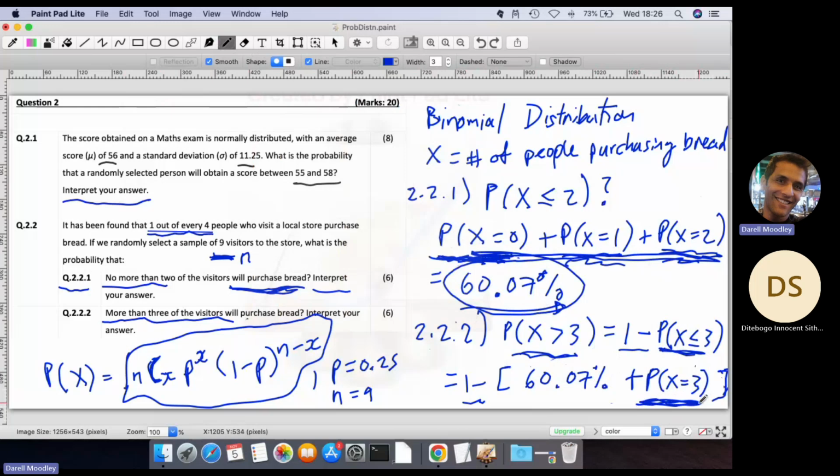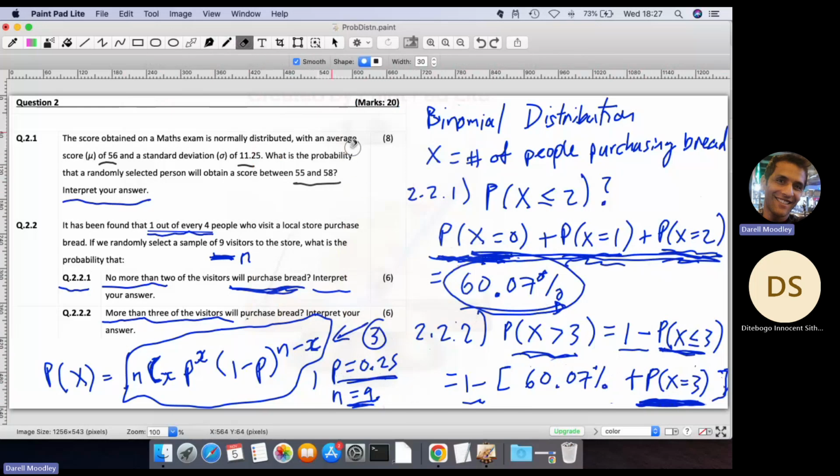I need to work this probability out, and I just use this formula here, like I did before, with n equals 9, p equals 0.25. But now the x that I'm going to substitute in this equation is 3, because that's the probability I need to work out: X is equal to 3. So I'm going to plug in 3 with p equal to 0.25 and n equal to 9.